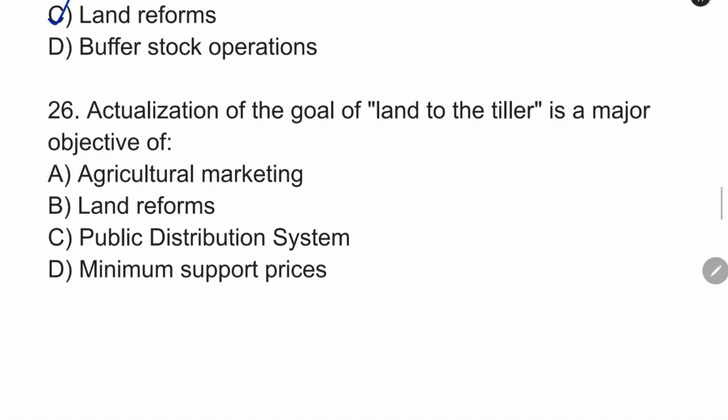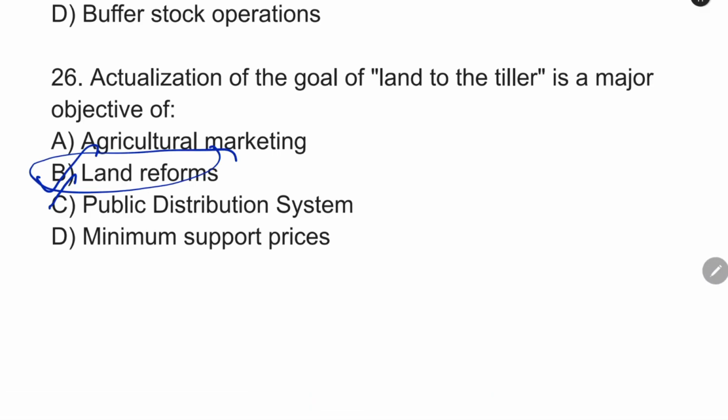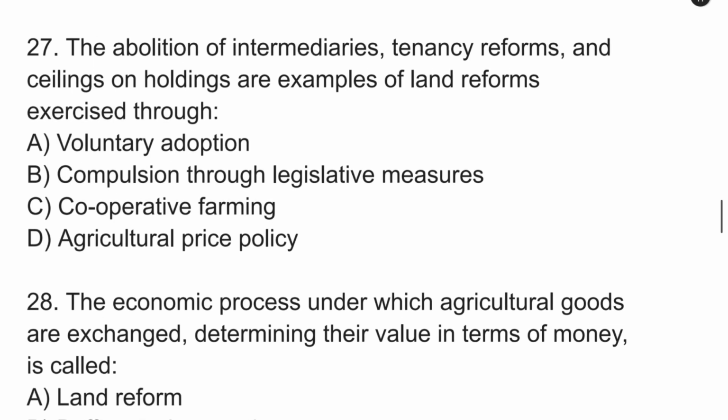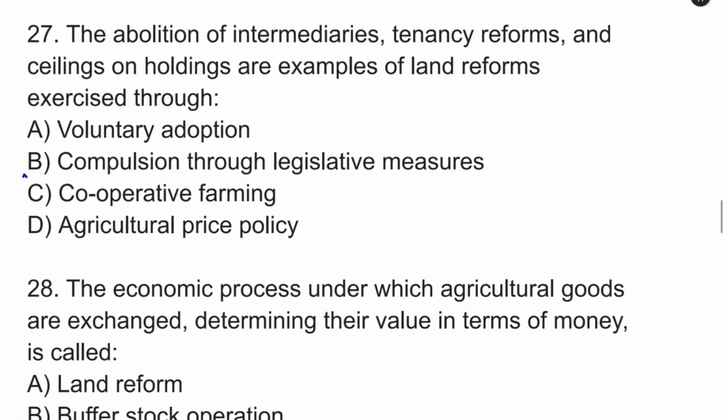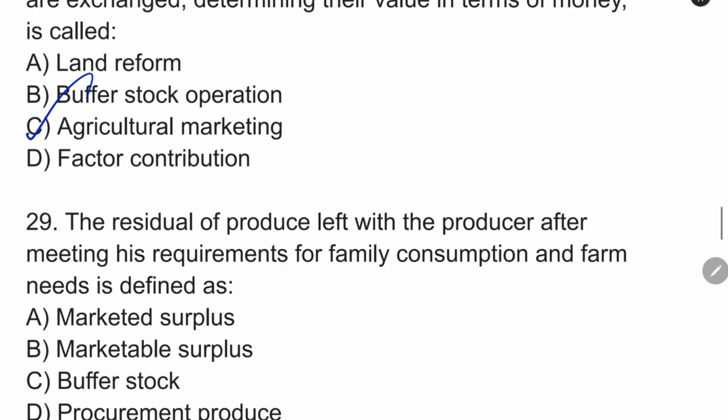Actualization of the goal of land to the tiller is the major objective of land reforms. The abolition of intermediaries, tenancy reforms, and ceiling on holdings are examples of land reforms exercised through compulsion through legislative measures. The economic process under which agricultural goods are exchanged, determining their values in terms of money, is called agricultural marketing.